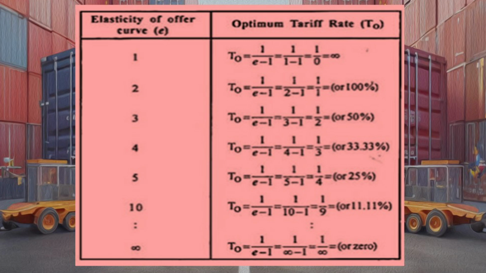As the elasticity of the offer curve goes on increasing, what would be the rate? The optimum tariff rate will go on decreasing from infinity to 100%, 50%, and so on. And when the elasticity of the offer curve becomes infinite, the optimum tariff rate becomes 0.